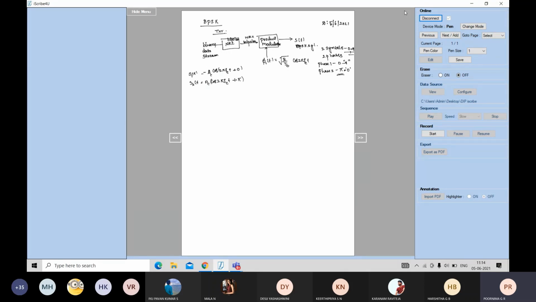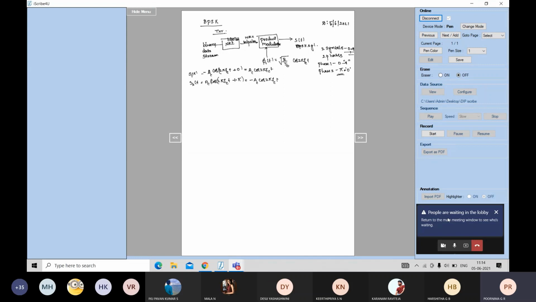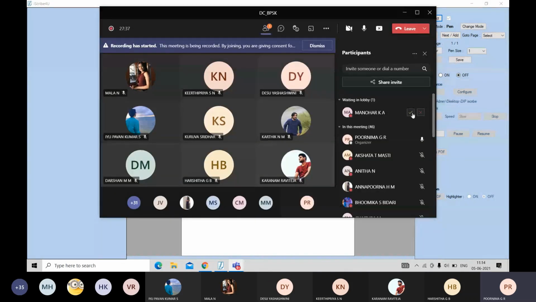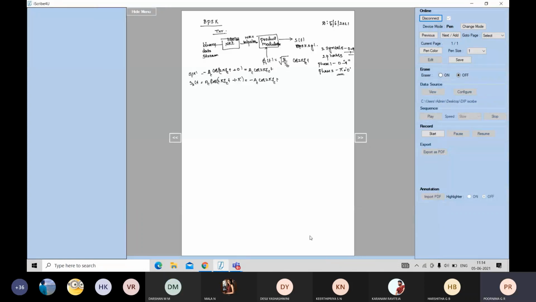So when you are adding the phase shifts in this way, the first is equal to AC cos 2 pi fct itself, and the second one will be equal to minus AC cos 2 pi fct. So these are the two different signals we are going to derive for the binary phase shift keying.